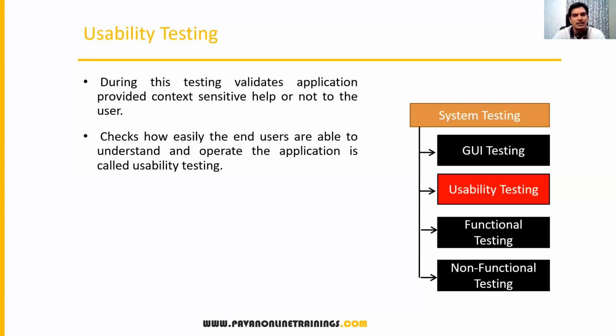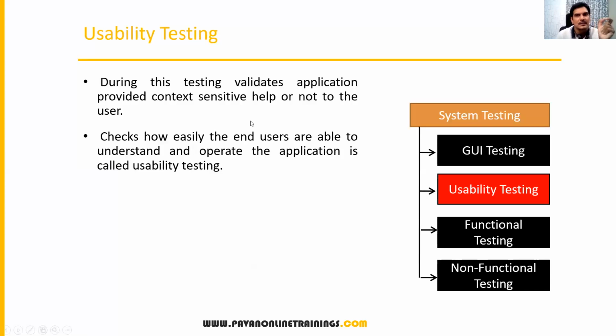Whenever the software is delivered to the customer, we have to prepare the user manual, and each and every step should be mentioned in the document. From a user point of view, I should be able to understand the document. It should be very simple English, and even non-technical people should be able to understand by reading the document, and they should be able to work on the application by taking help from the documentation without depending on any other technical people. So that comes under usability testing.